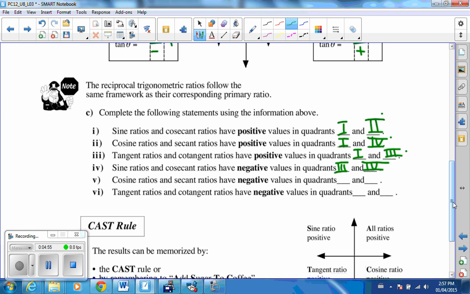Cosine is negative in 2 and 3. And the tangent is negative in 2 and 4.